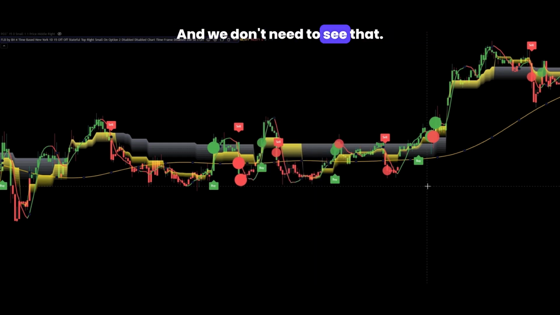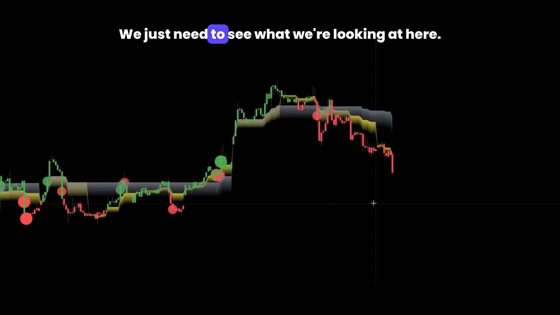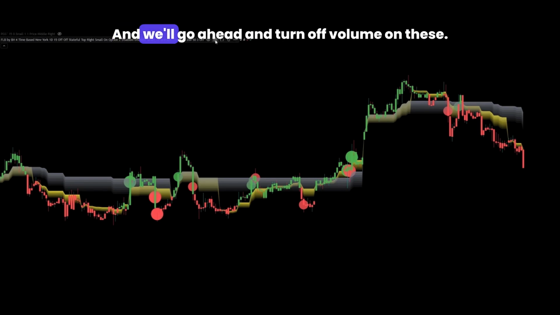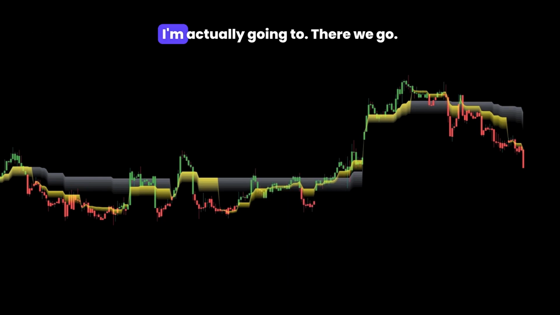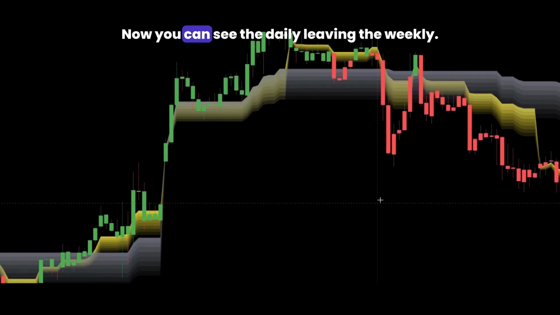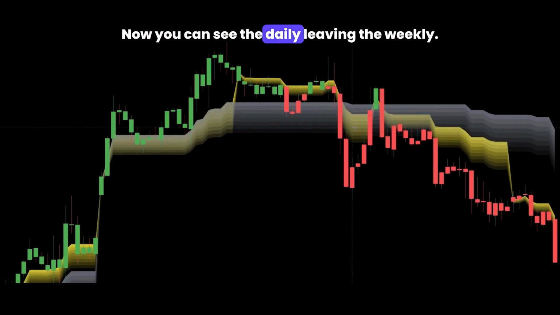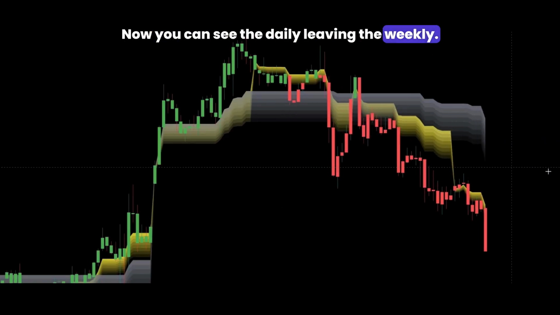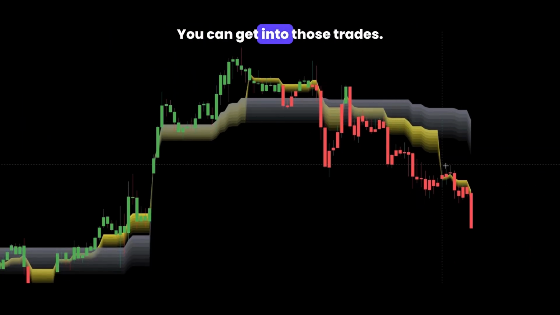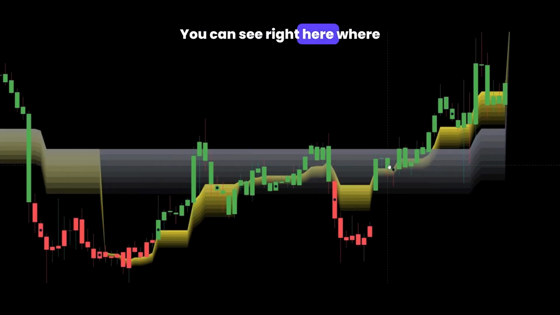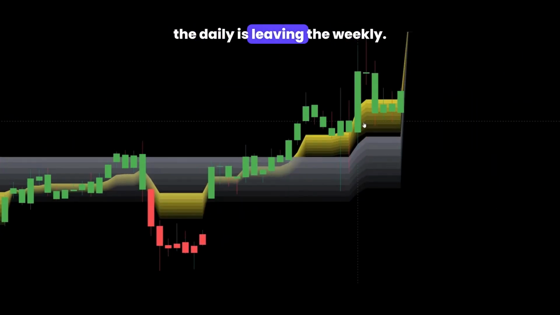We'll go ahead and turn off volume on these. Now you can see the daily leaving the weekly. At that point, you know you're bearish. You can get into those trades. You can see right here where the daily is leaving the weekly.